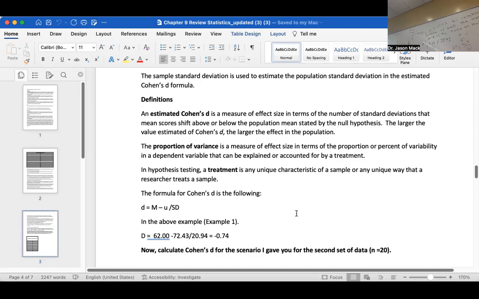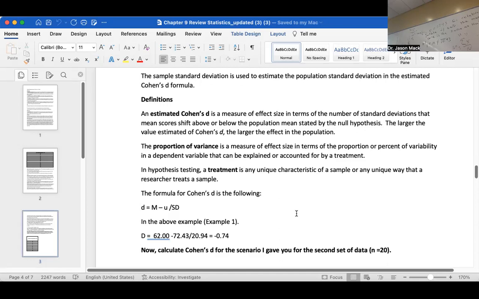In the above example, not the standard error, standard deviation, so slightly different. d is equal to 62 from the first one, not the one we just did, minus 72.43 divided by the standard deviation 20.94, which is negative 0.74. And then we have the table in terms of what that means.